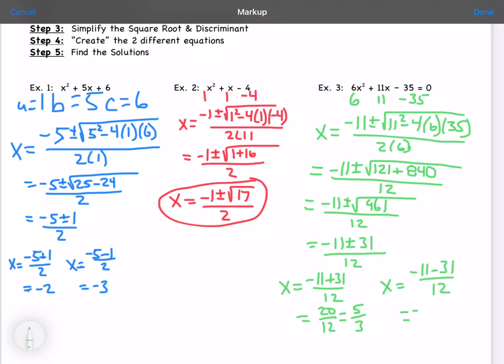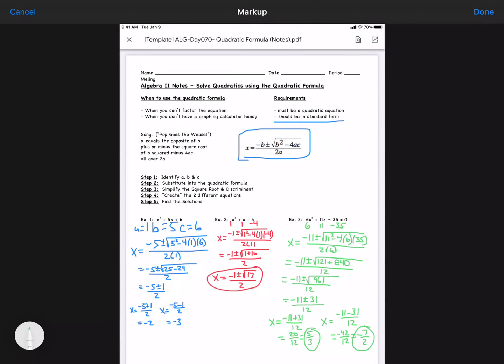And over here I have negative 42 over 12, which reduces down to 14 over 4, 7 over 2, no. It reduces down to negative 7 over 2. So those are my two solutions. And that's it. That is the quadratic formula.